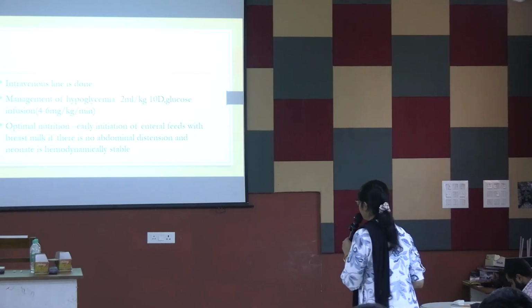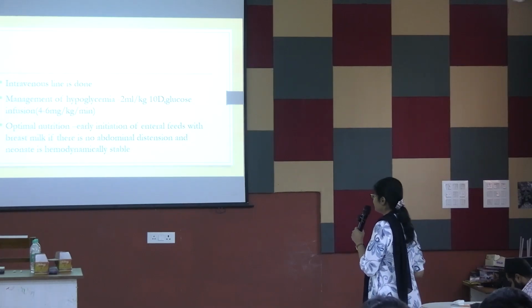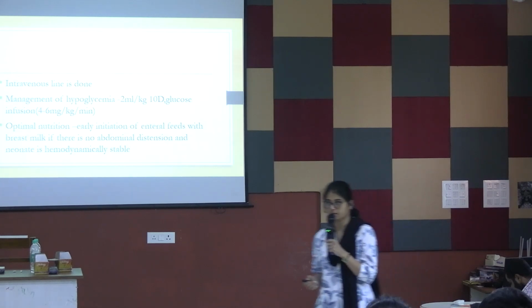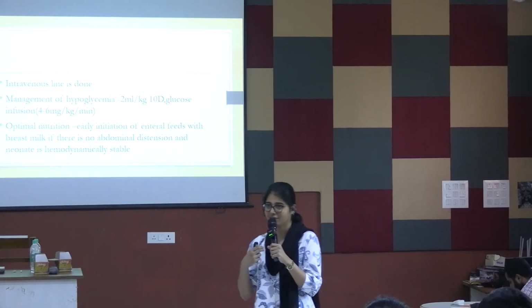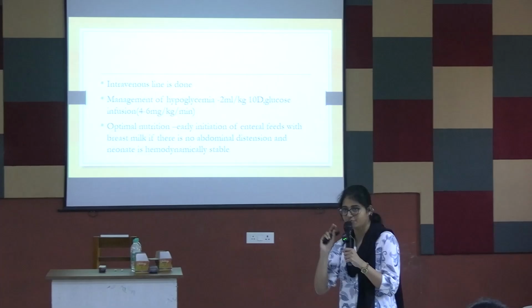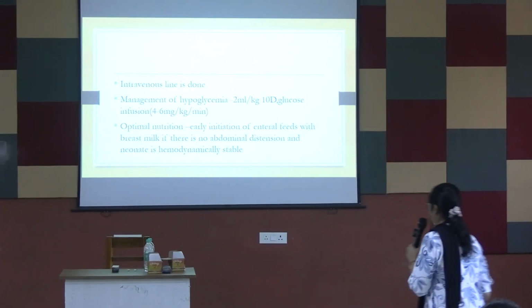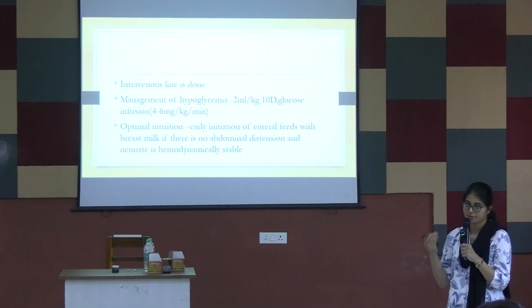Optimal nutrition: early initiation of enteral feeds with breast milk if there is no abdominal distension and the neonate is hemodynamically stable. If the circulation is good, we will start enteral feeds like OG tube or allow breastfeeding, with exclusive breast milk preferable. But if the patient is in shock, we will have to keep the baby nil per mouth.